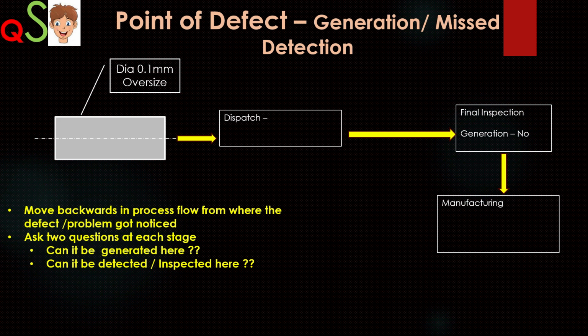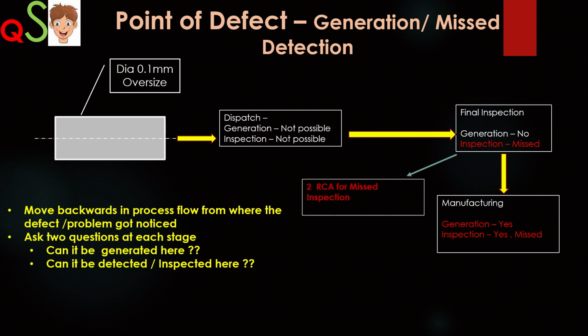Let's see what happens. First, we approach dispatch, where inspection is not planned and there is no question of missing it. Also, the defect is not generated here. Then we reach final inspection, where we find the defective part has missed detection here. Then comes the stage where the oversized diameter is generated and has misinspection as well.